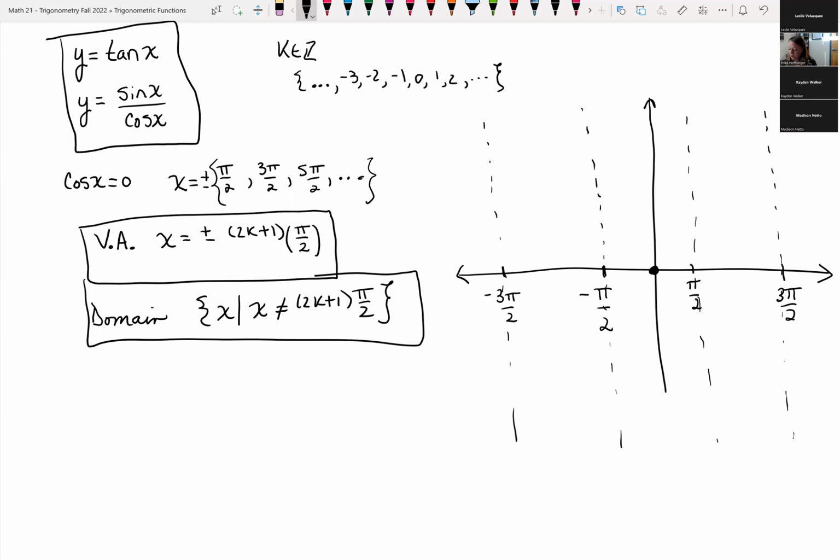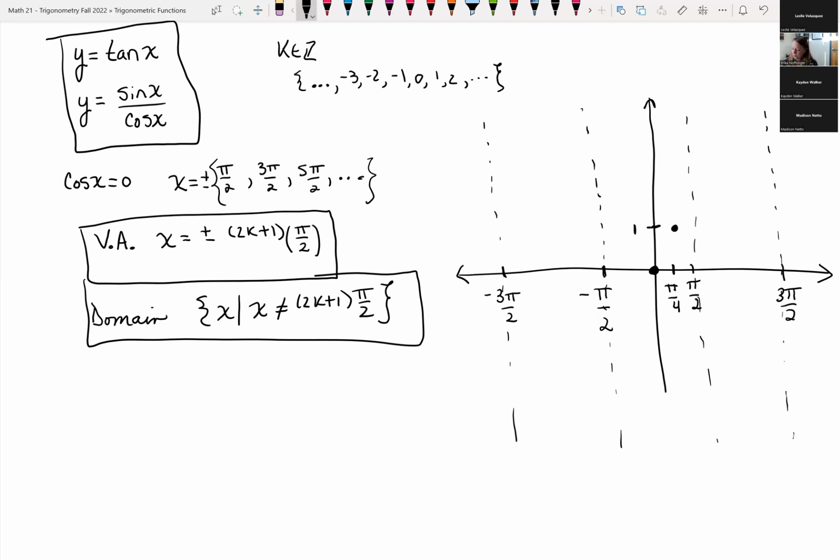So remember at pi fourths, cosine and sine were the same values. Cosine of pi fourths equals sine of pi fourths, which was √2 over 2. And so if we look at that, tangent of x at pi fourths is equal to 1. And so we have a point here at (pi fourths, 1).